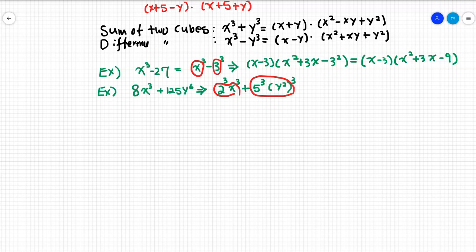So let's just rewrite this using the sum of cubes, x plus y. The 2x is going to be your x, so I'm going to write 2x plus, now the y is the entire 5y squared.